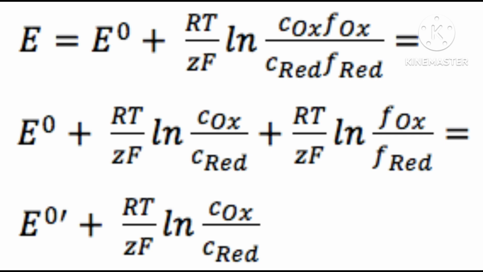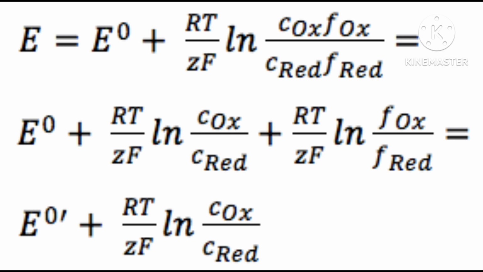Now same way you can write for the zinc electrode. Here also the same reaction: Zn gives Zn plus 2 electrons, that is Zn metal.